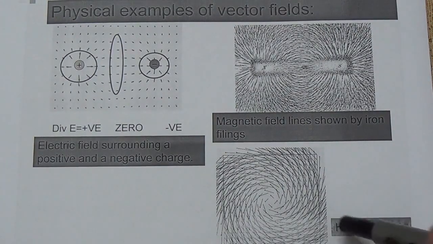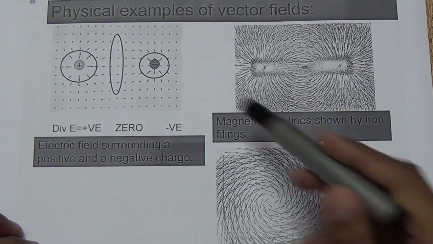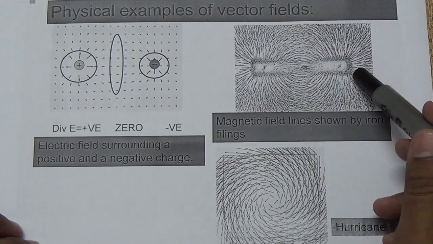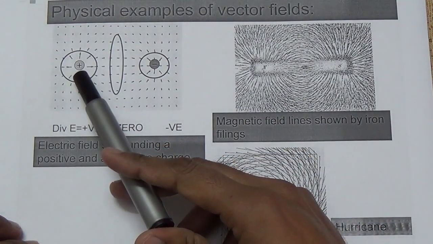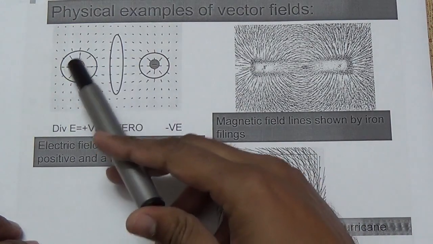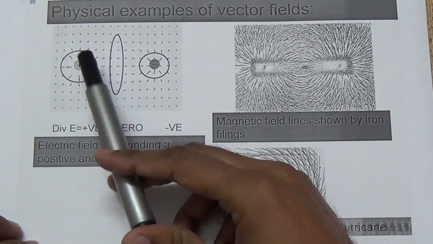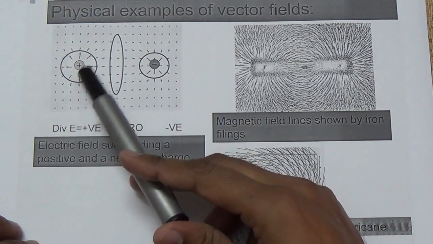Here we have considered some basic examples to explain the field, vector field, especially in the case of electric charge, and in the case of magnetic poles. So you can see here, this is the positive charge, this one is the negative charge, and these are the electric field lines, and this is the closed surface around this negative charge and positive charge.